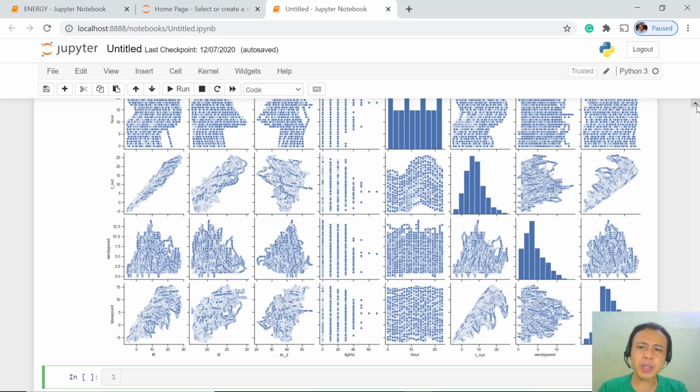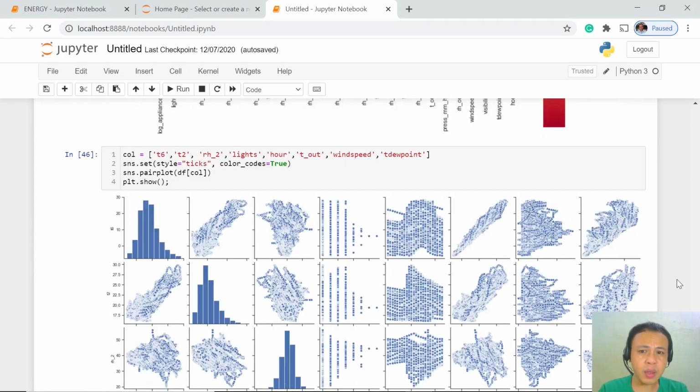Now, maybe the question in your mind is: are we going to automatically use those features which show high correlation for our modeling? The answer is, while it is true that there is a high correlation, we must also consider our expertise and our experience with the subject matter. But then, of course, we must always be guided by the results of our processing.